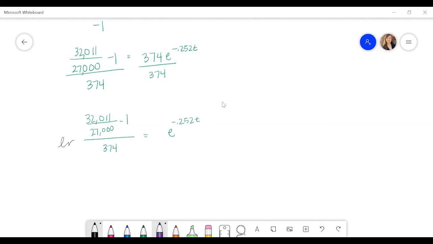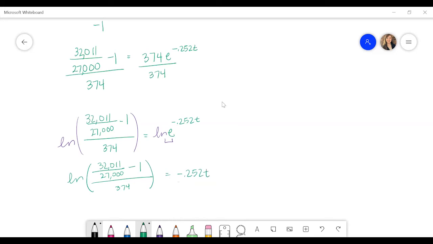And I'm going to introduce an ln on both sides. These actions undo each other, so we're left with ln of this mess. You can get a common denominator there if you want, but again, not sure it helps the problem along much. And then I'm going to divide everyone by negative 0.252. So you have quite a bit to throw into your calculator. Let's go through some of that now.